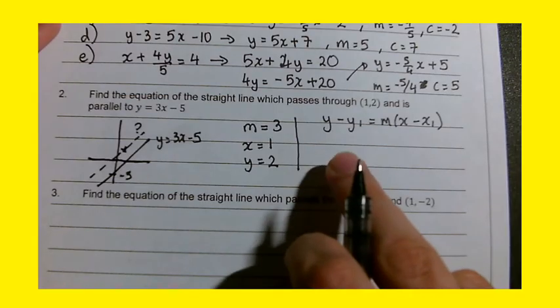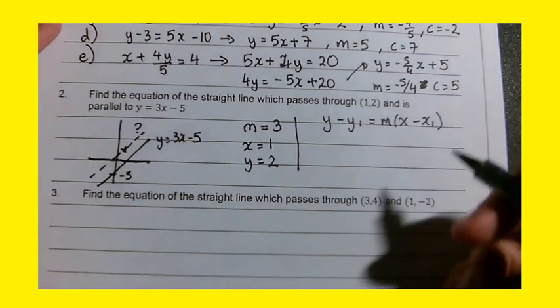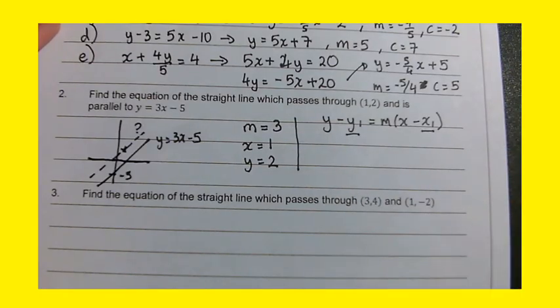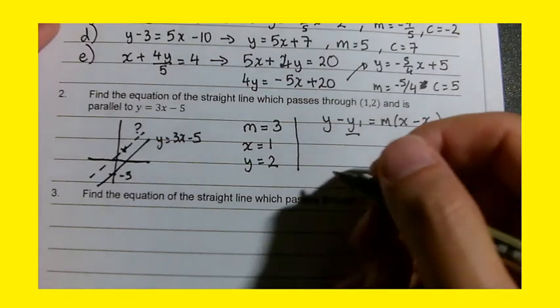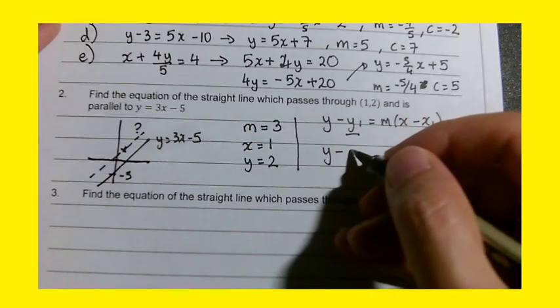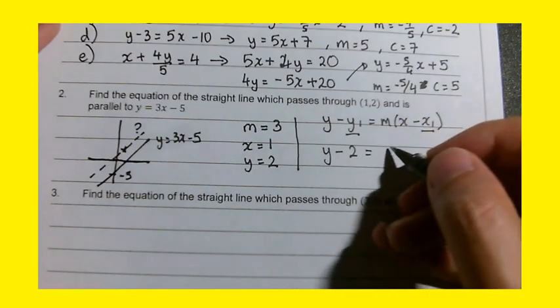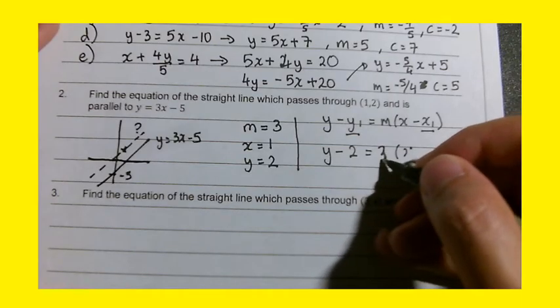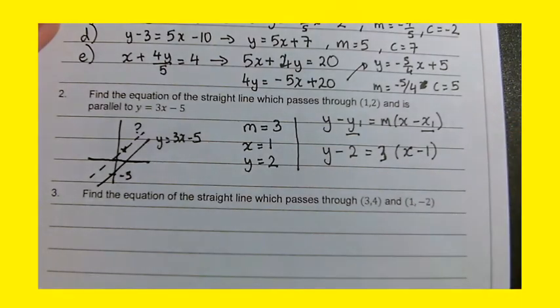So basically what I'm going to substitute are an x and a y value that the line passes through. So y minus y1, which in this case is 2, m is 3, and x1 is 1.